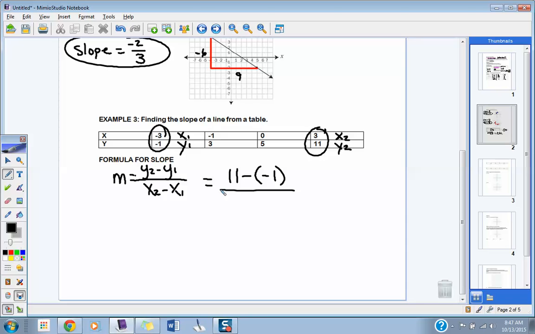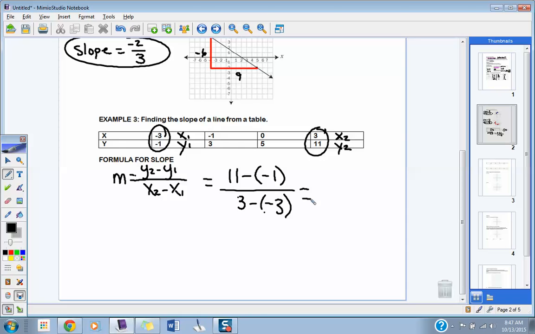Now on the bottom it says find your change in x, or x2 minus x1. Well, here we go. 3 minus what? Careful, 3 minus negative 3. All right, a little bit of arithmetic here.